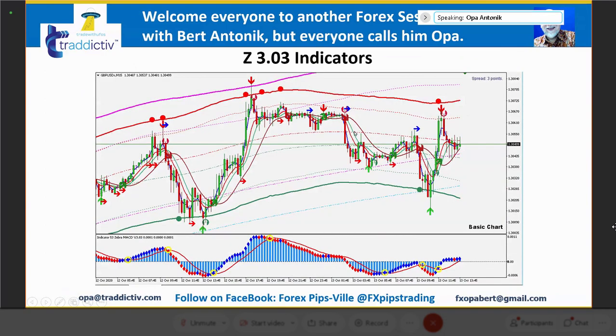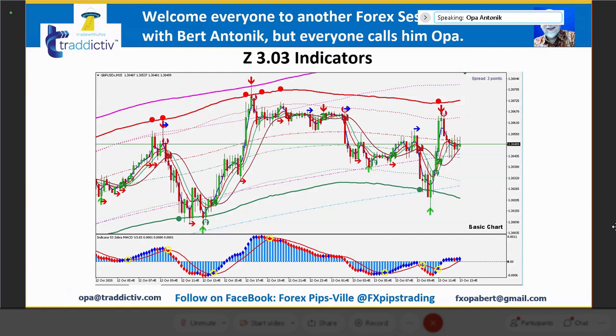Here are all the indicators on one chart. This is a GBP USD 15-minute chart. So today I'm going to focus on a 15-minute chart to show you how you can use the lower time frame. I don't really want to go lower than 15, but you can use the lower time frame. We've been focusing on the hourly and the daily primarily so that you can put on some trades and kind of walk away.